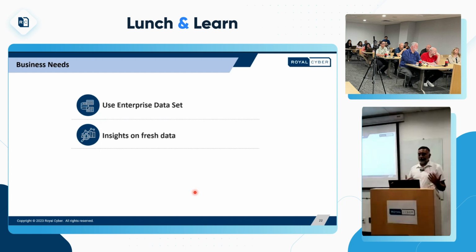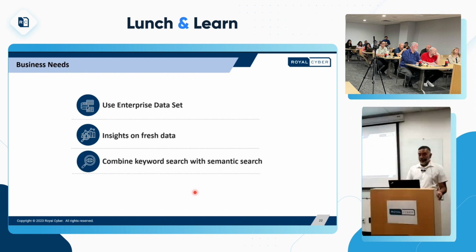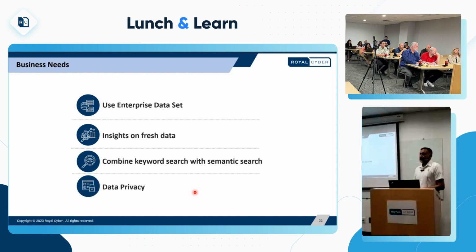So we want fresh data every day. We want to combine keyword search with semantic search. Those are some of the requirements we got. And finally, we want data privacy. We don't want ChatGPT to know what we are asking, and we also don't want our data on ChatGPT.